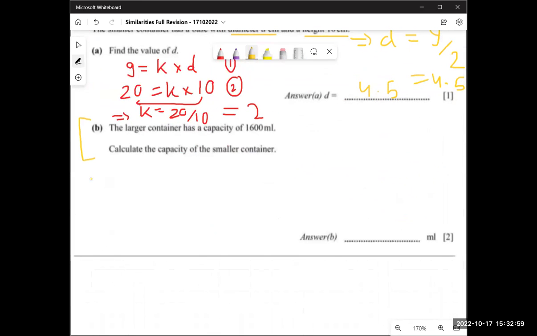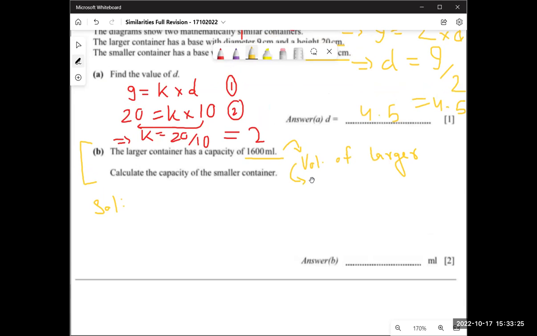Rachit, read the question. The larger container has a capacity of 1600 ml. Calculate the capacity of the smaller container. Now you know the volume of the larger one. Diana, tell me what is the factor for volume?